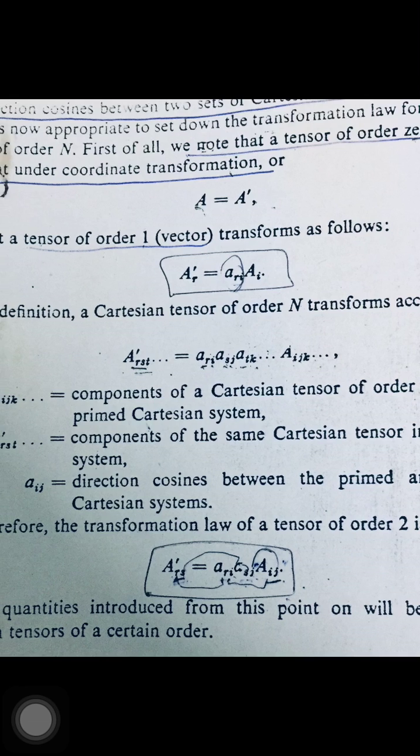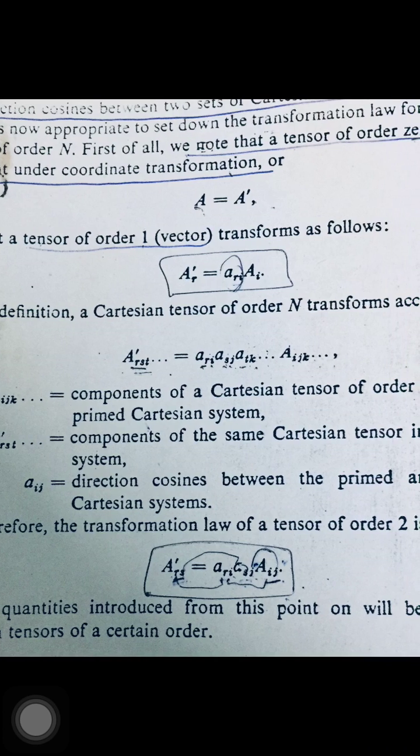But when we use a tensor of order 1, it transforms. We already saw the transformation law in our earlier lecture. So a_r dash, the first order tensor, is nothing but the direction cosine a_rs, small a_rs, with r the same.